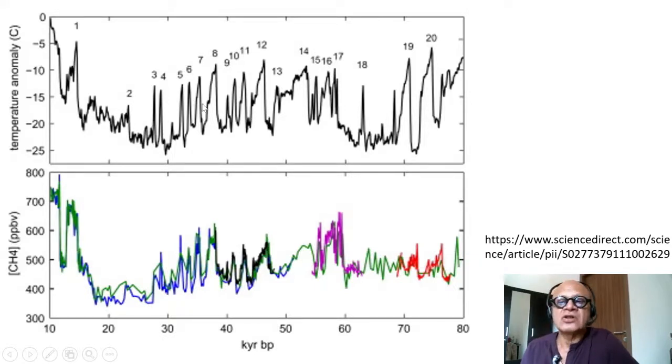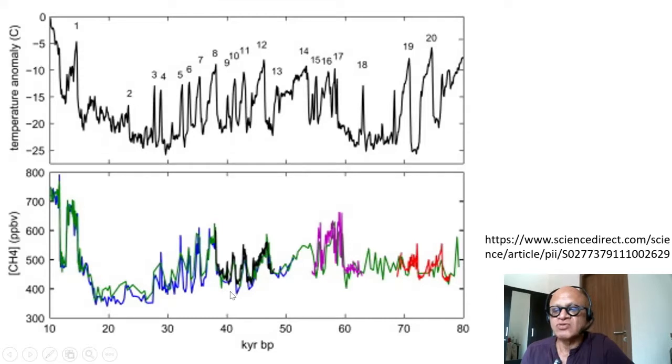So these are the Dansgaard-Oeschger events. A number of them are counted here over the period of 10,000 years to 80,000 years before present. So basically during the last ice age into the deglaciation here at the end, methane increased from, let's say, about 350 parts per billion by volume to pre-industrial, or 10,000 years ago, of about 700 ppb, and over the Industrial Revolution it increased to almost 1800 ppb, I think, at present.